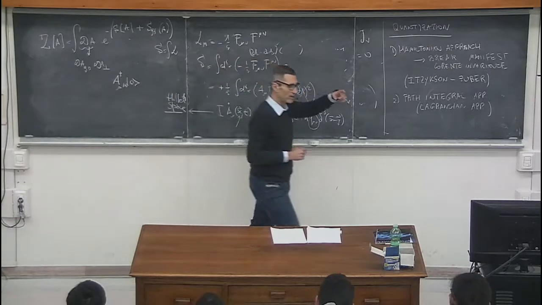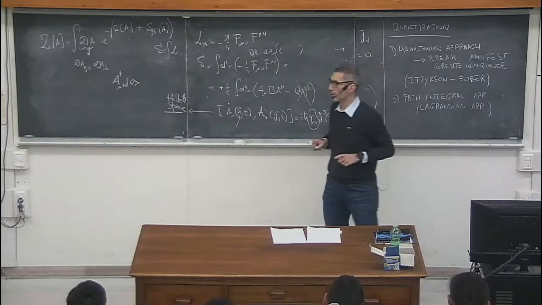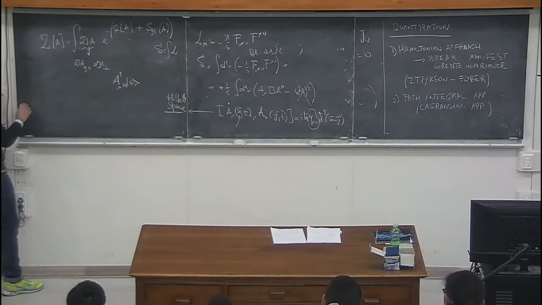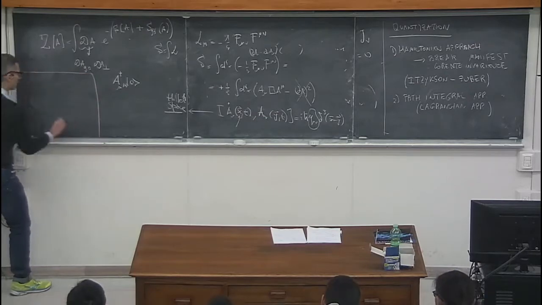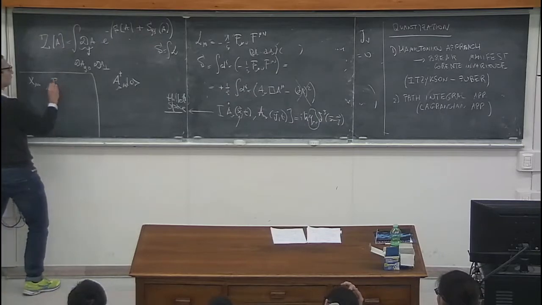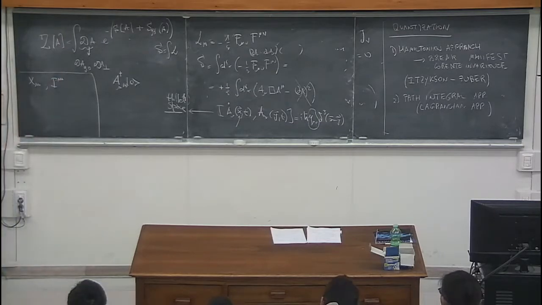Last week, Nathan Berkovits was mentioning the quantization of the superparticle, for example. When you quantize the superparticle, just as a side remark, you have some coordinates, he called them x m, and then associated to that there are also some momenta, p m.